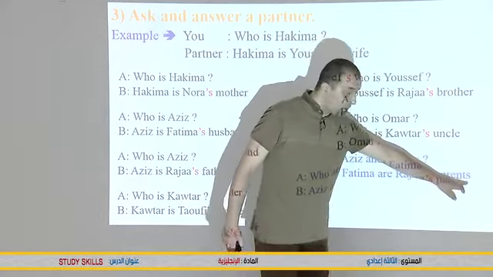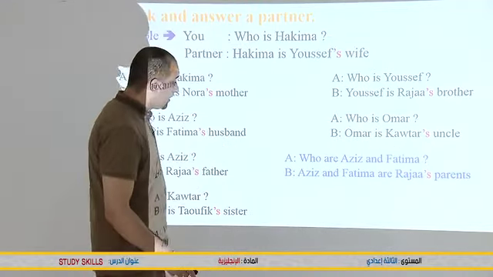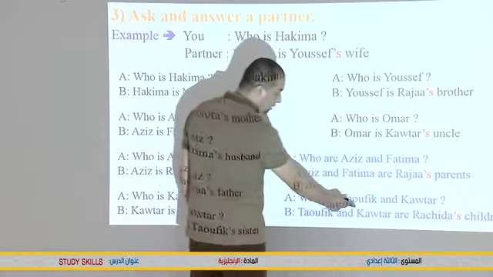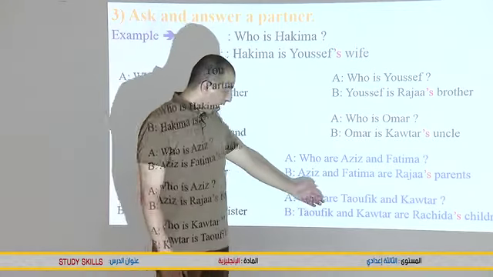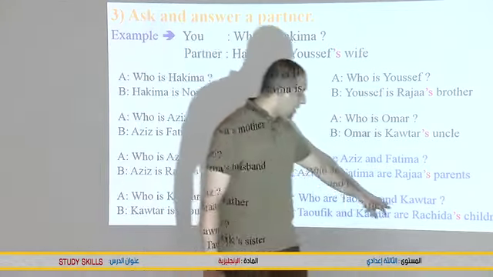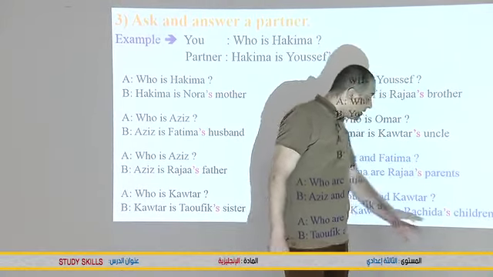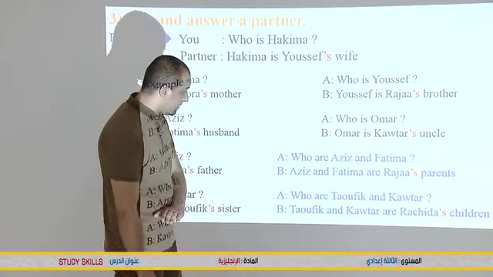When we talk about parents, we refer to father and mother. Another example in the plural. Who are Tawfiq and Kautar? Tawfiq and Kautar are Rashida's children. When talking about children, we mean daughter and son.